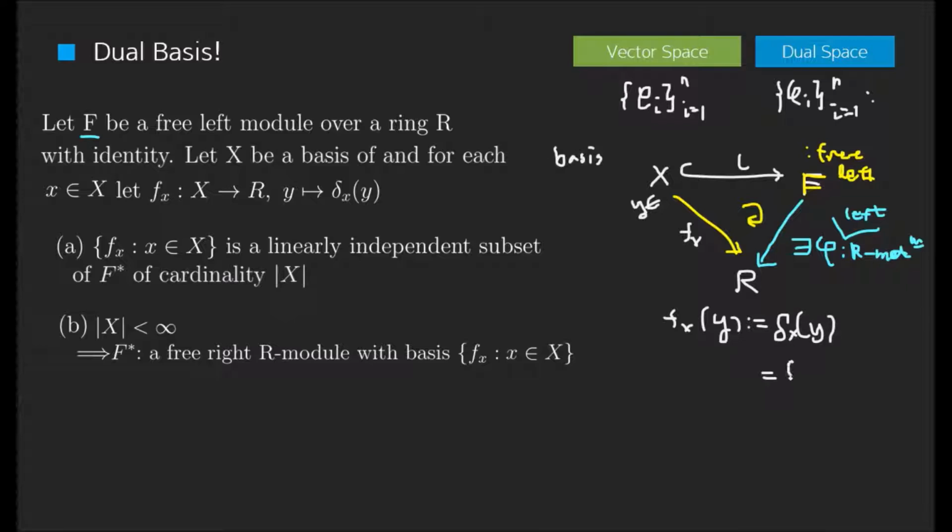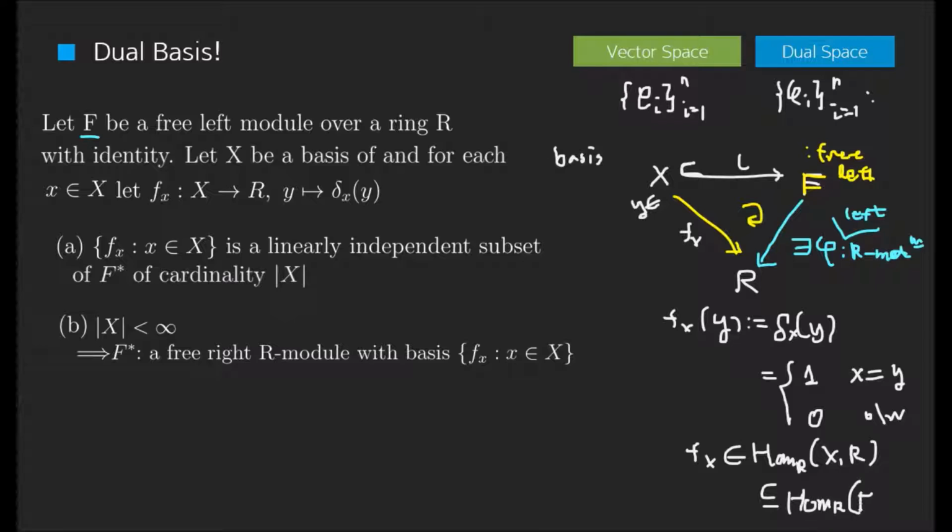This means if x is equal to y it is 1, and otherwise it is 0. Setting this f_x, clearly we can check it is in Hom_R(X, R). And because this is an inclusion map, this is in Hom_R(F, R), because X is a subset of F, so this is contained in here.